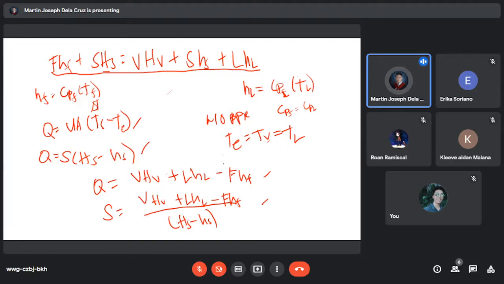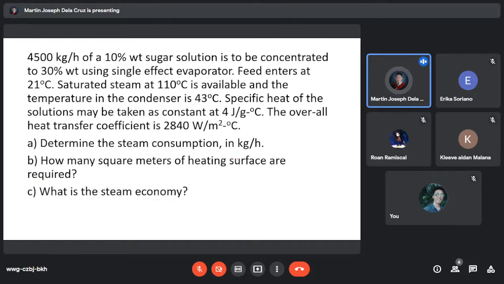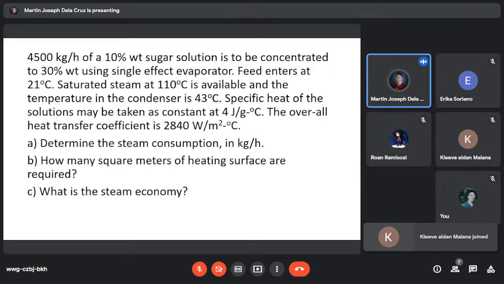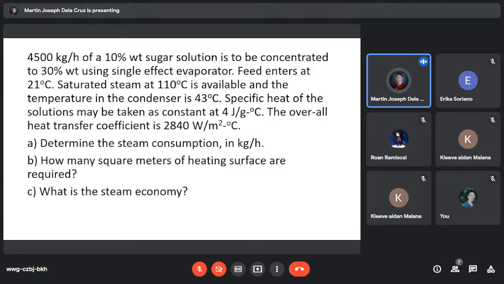So, let's have our first example. 4,500 kilogram per hour of a 10% weight sugar solution is to be concentrated to 30% weight using a single effect evaporator. Feed enters at 21 degrees Celsius. Saturated steam at 110 degrees Celsius is available, and the temperature in the condenser is 43 degrees Celsius.